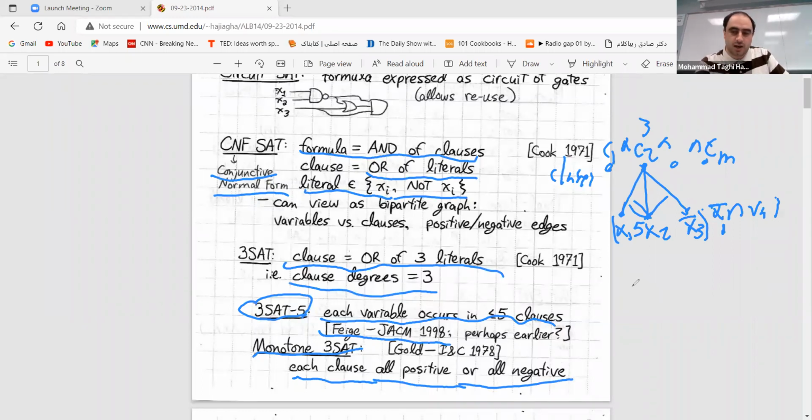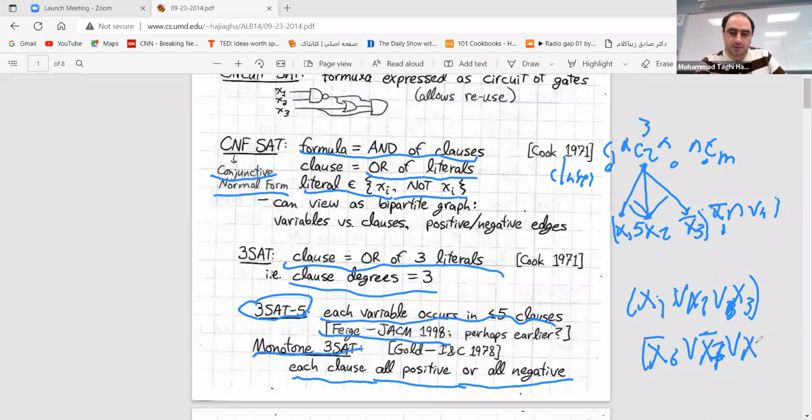So each clause is either something like x1 or x2 or x3, or something like x6 bar or x7 bar or x8 bar. All clauses are in one of these two forms. This is called monotone.